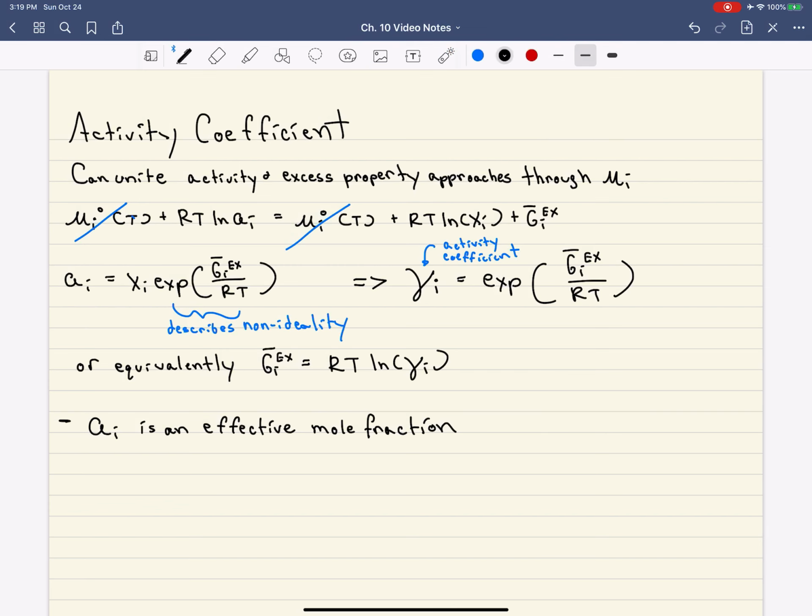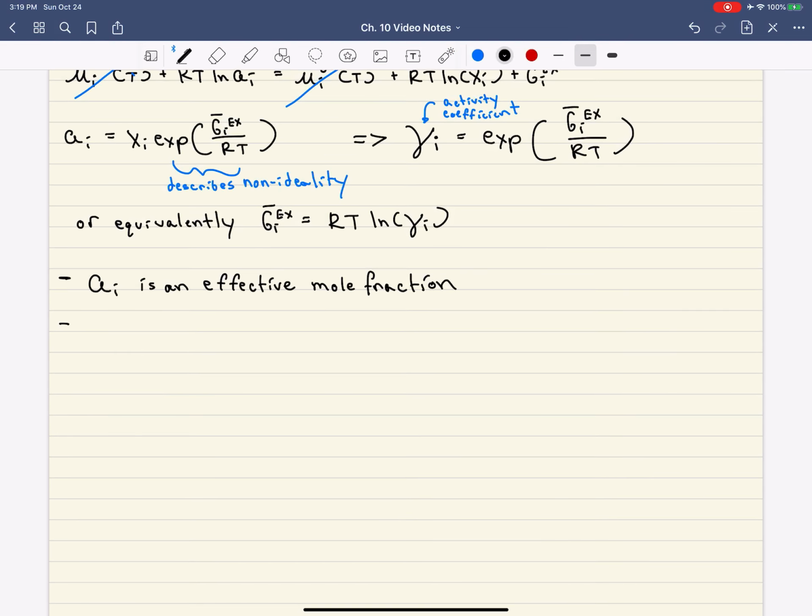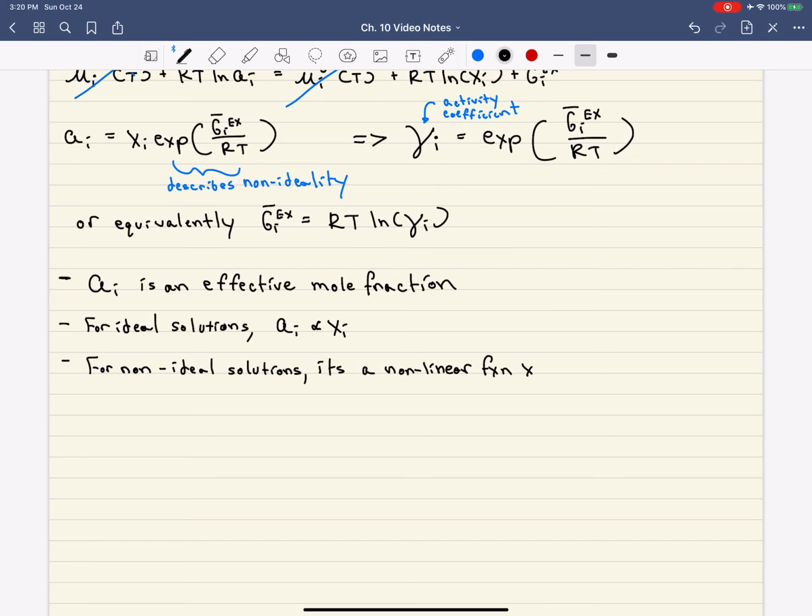Okay, so if we have an ideal solution, we find that a sub i is basically proportional to x sub i. But if we're dealing with non-ideal solutions, we find that the activity becomes a sort of nonlinear function of x sub i.